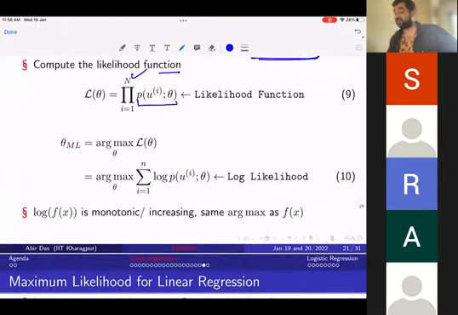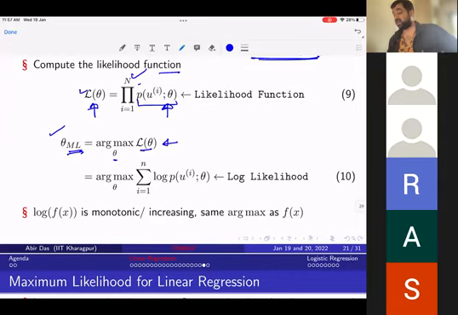Now theta ML. Again, I said that you need to go to some sort of maximization. So theta ML here is maximum likelihood. The theta that makes this the maximum value, we call it maximum likelihood, because it is making this L(theta), or rather this joint probability value, maximally likely. So argmax of L(theta) over theta.